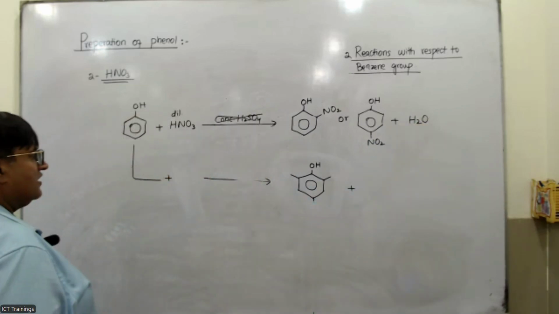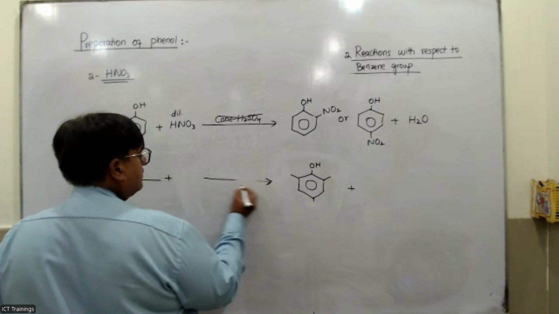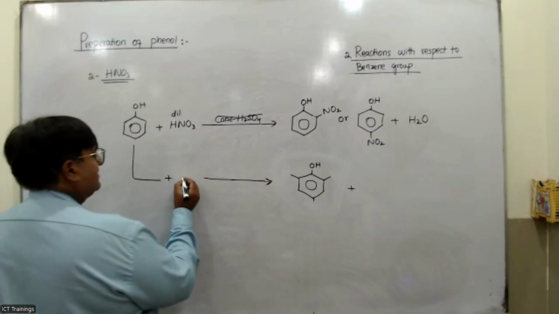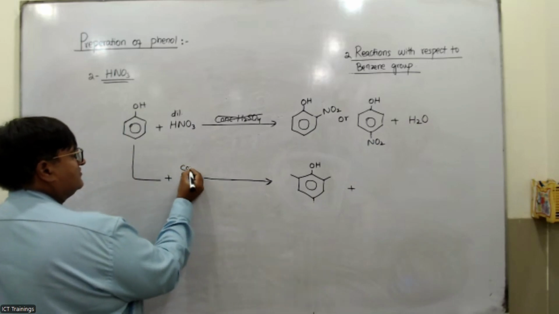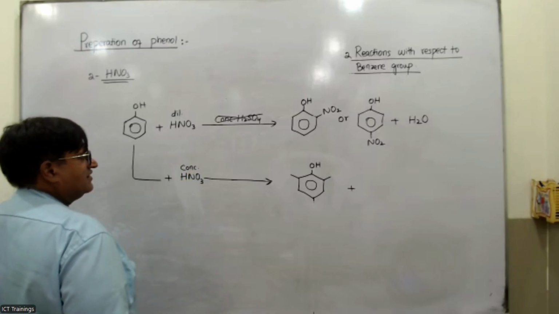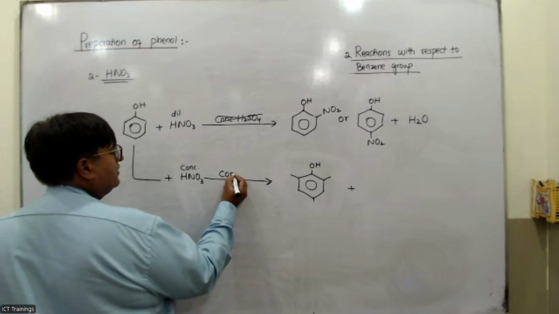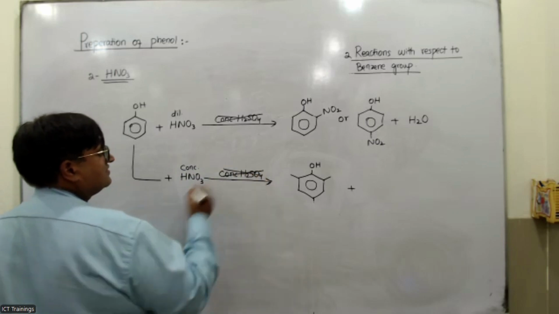Okay. Whereas if you got the concentrated nitric acid, HNO3, this is concentrated. If it is the concentrated nitric acid, again you don't need concentrated sulfuric acid as a catalyst.